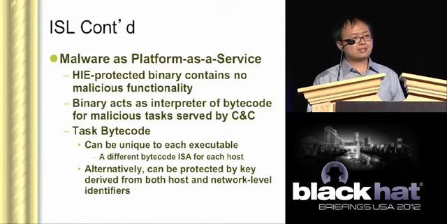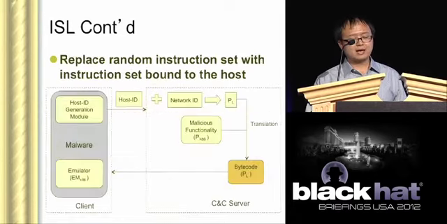On the second side is the CNC server. It will collect the runtime network ID and combine it with the runtime host ID to generate the ISA for that malware binary, and use this ISA to encode the real malicious functionality into bytecode and send this bytecode to the binary to interpret.